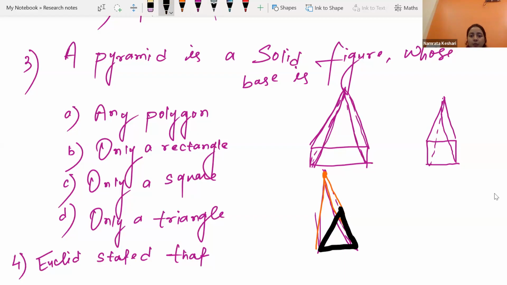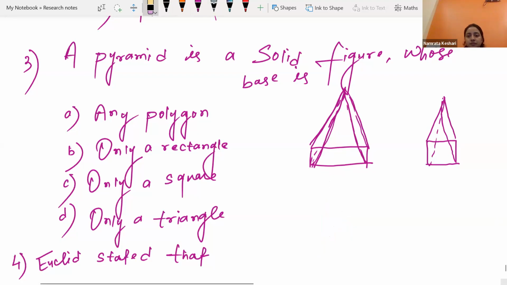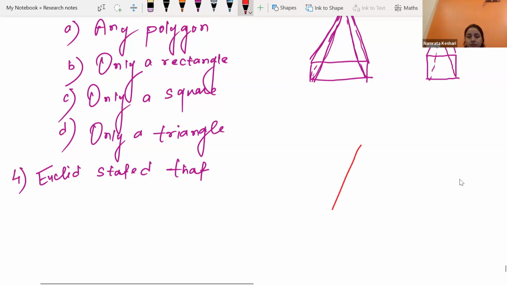Wait, let me draw it properly, then only you will understand. Actually, the base can be any polygon, and it can be a triangle as well.